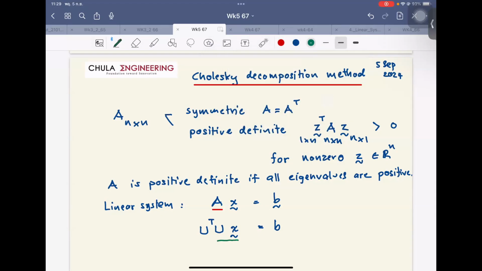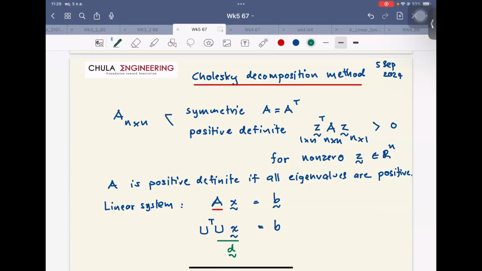I define this product as vector D. You start by solving for D using forward substitution, and then solve for X using backward substitution. So it's actually the same solver for triangular systems. The difference from LU decomposition is the way you decompose matrix A. Once you decompose matrix A, the solution process will be identical to LU decomposition.